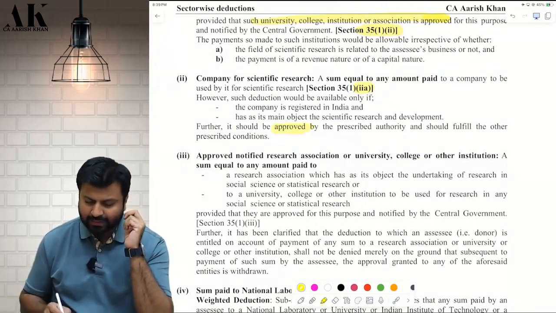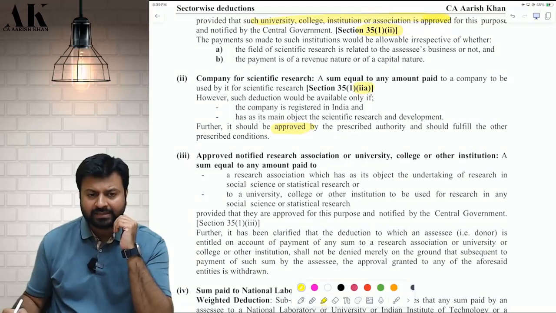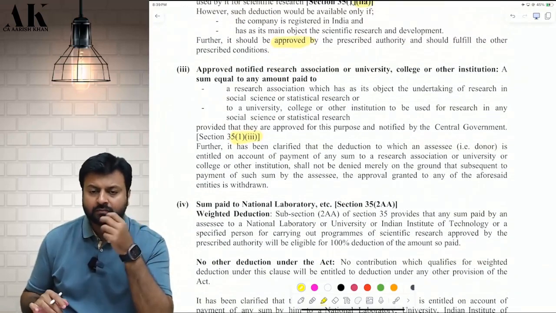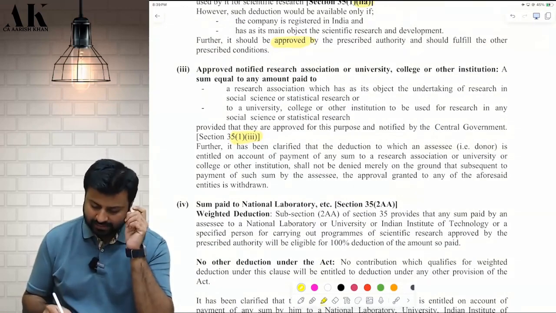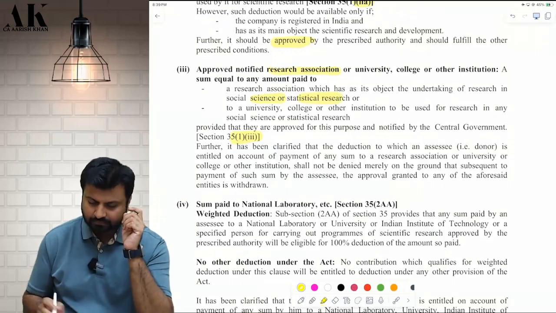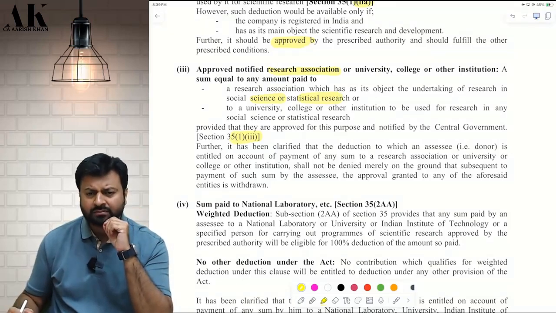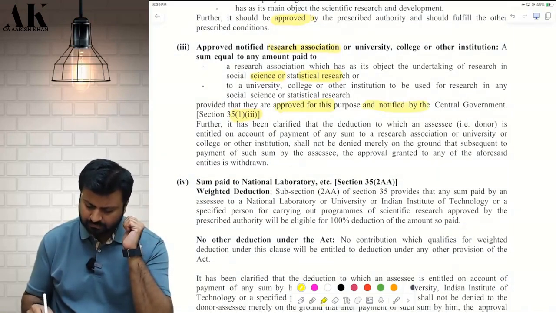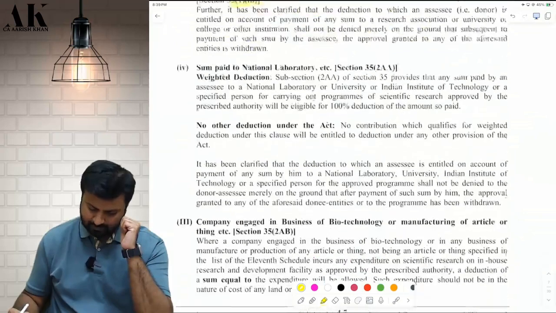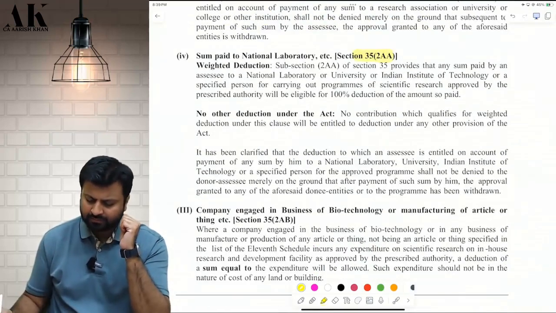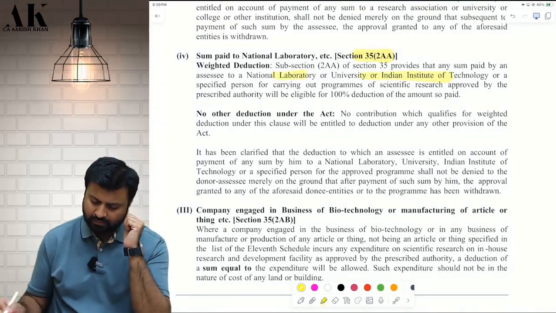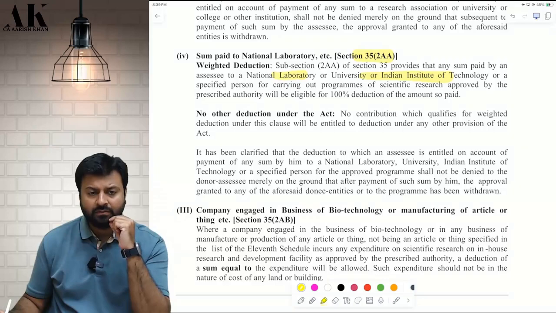Again, the Indian company has to be approved. Yes? Similarly, 35(1)(iii) is for what? Statistical and social science. Correct or not? Again, it has to be approved. Correct? And 35(2AA) is for what? National Laboratory or IIT. Okay.